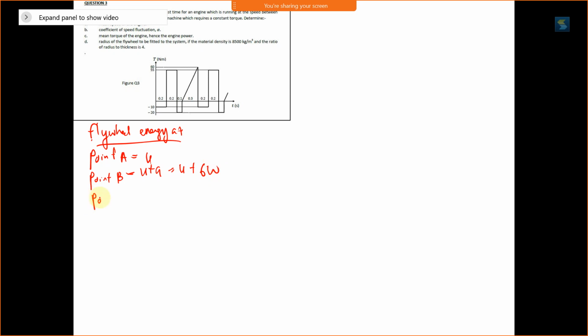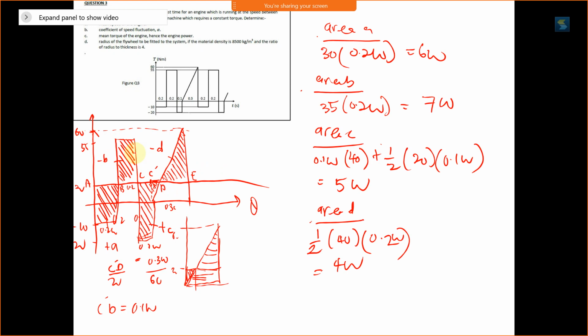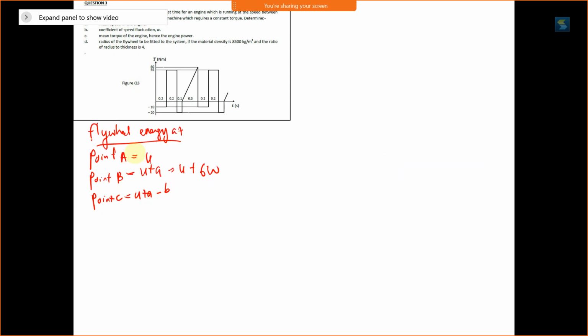And then point C, we have U plus A minus B, which B is 7. So U plus 6 omega minus 7 omega equivalent to U minus omega.